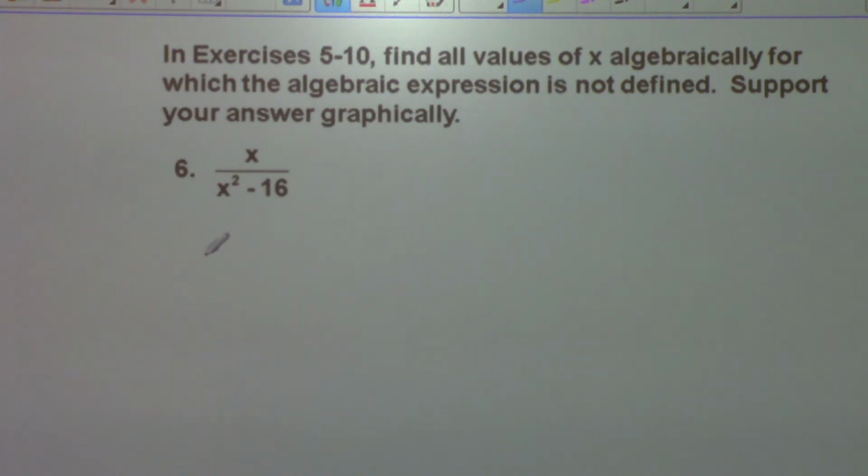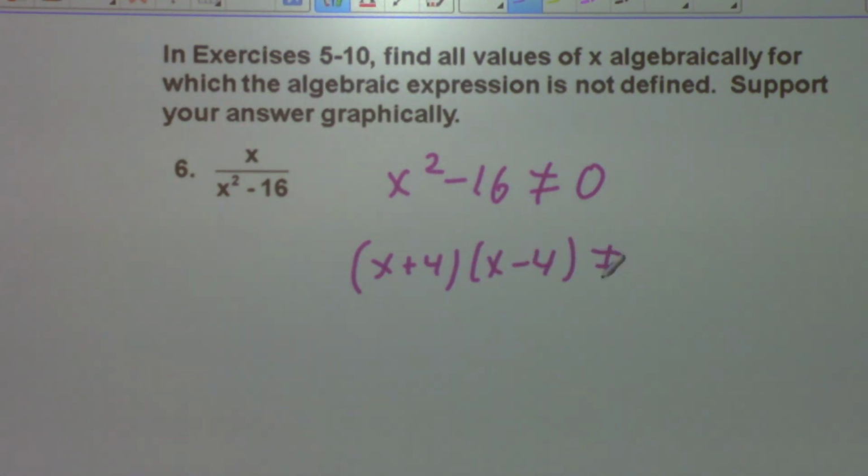Okay, now this one here, what are you going to do with this one? Square root of 16. So what we do is we set x squared minus 16 cannot equal 0, right? If you set your denominator equal to 0, then you can solve for x. We can add 16, or we can factor.